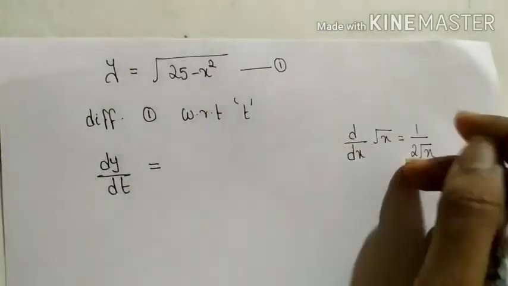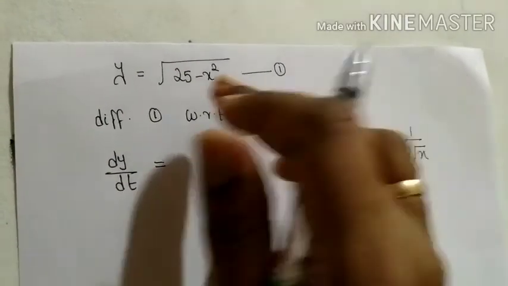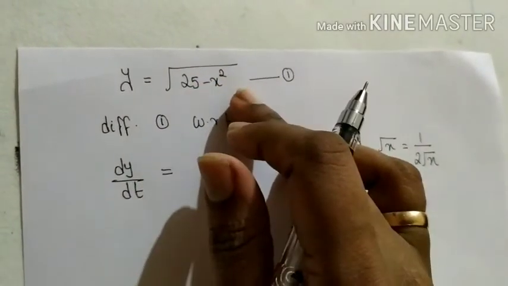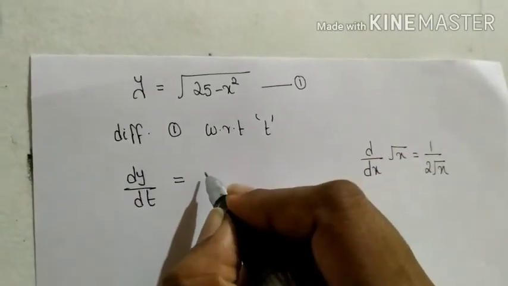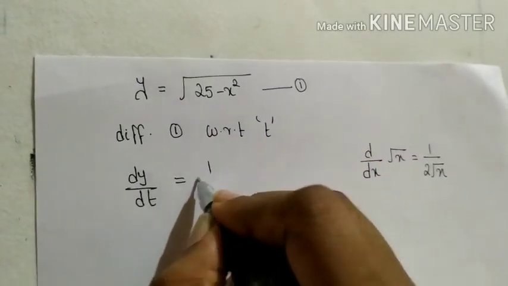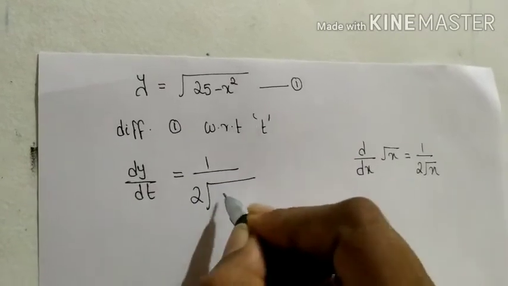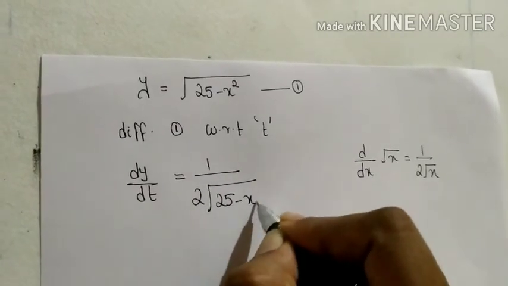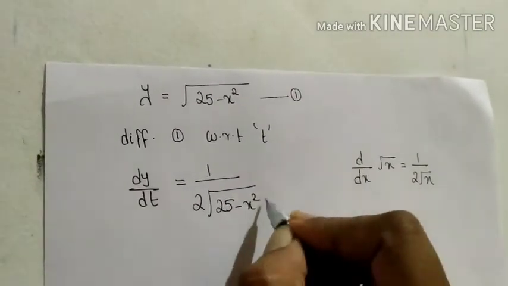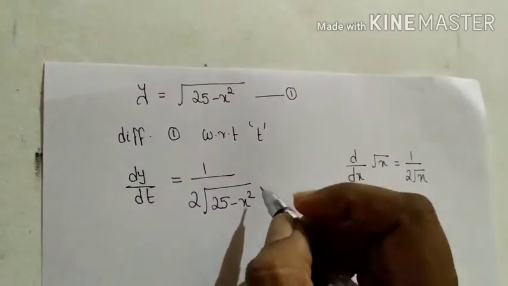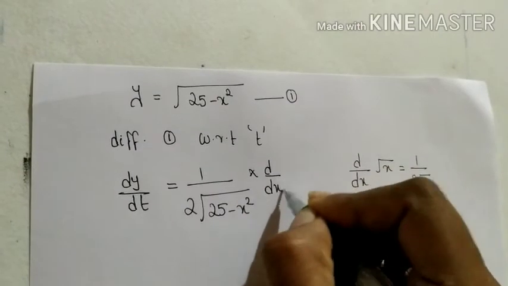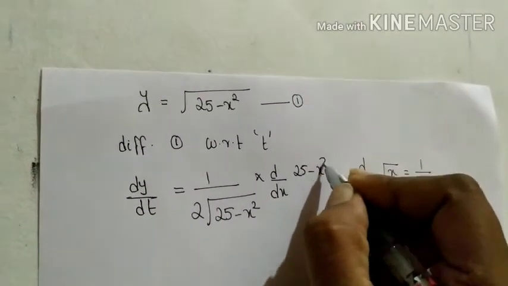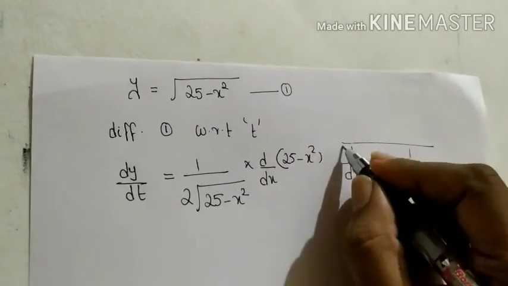So by comparing this, here x is replaced by 25 minus x square. We get the derivative of root of 25 minus x square as 1 by 2 root of 25 minus x square. Again 25 minus x square is another function. So by using chain rule, we need to find the derivative of 25 minus x square here.